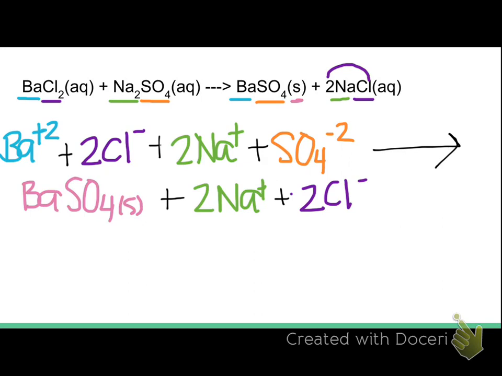Now, got to cross out those spectators. I have a barium on the reactant side. My barium on my product side is tied up in that solid, so I can't get rid of it. 2 chlorines or chlorides on the reactant and on the products, I can get rid of those. Sodium, I can get rid of those. Sulfate on the reactants, sulfate's tied up on your products.